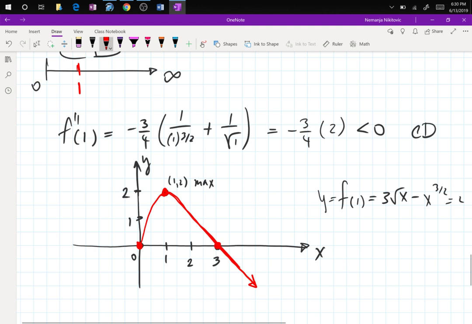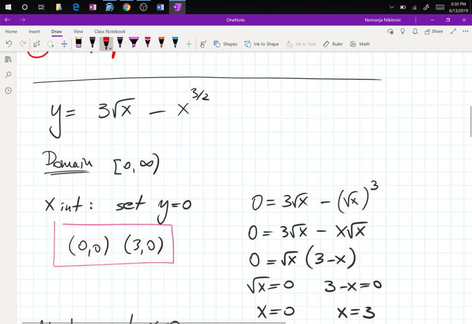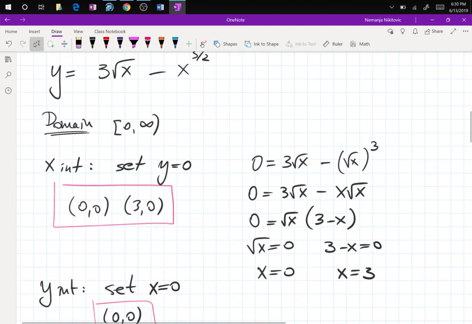So now we live in great times when you can go and just graph your problem and see if it matches the graph you came up with your calculations. So 3 square root of x minus x raised to the 3 halves, which is 1.5. I don't need the parenthesis.